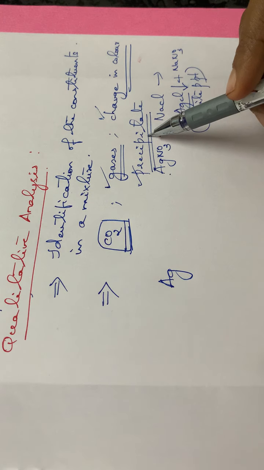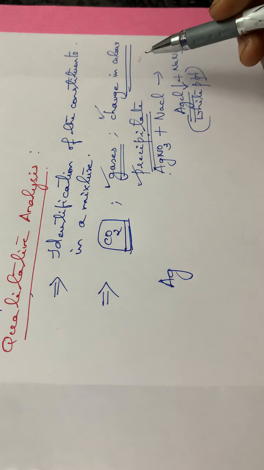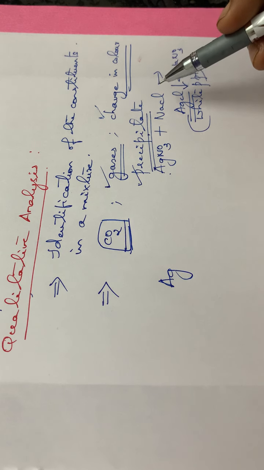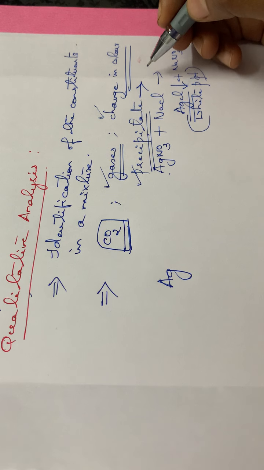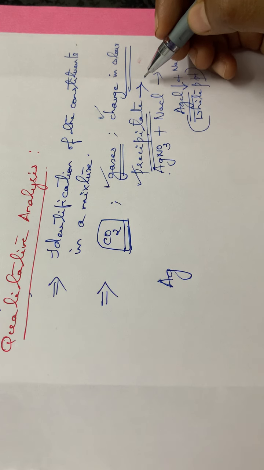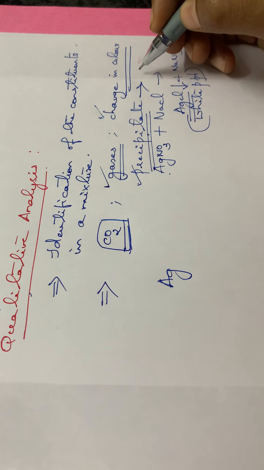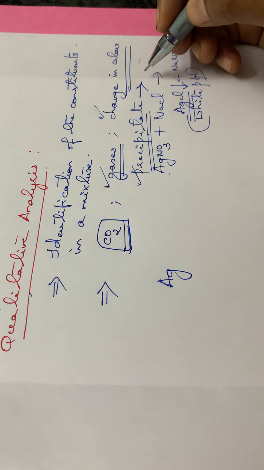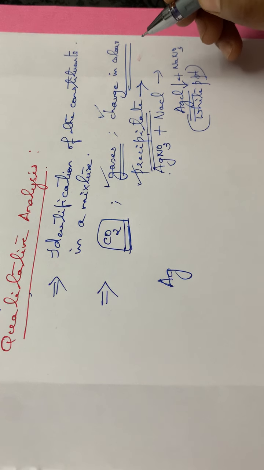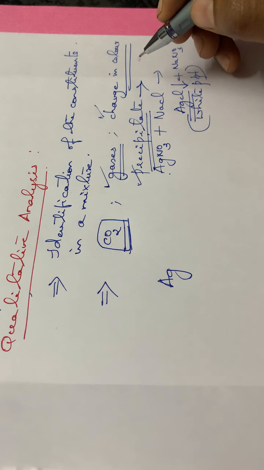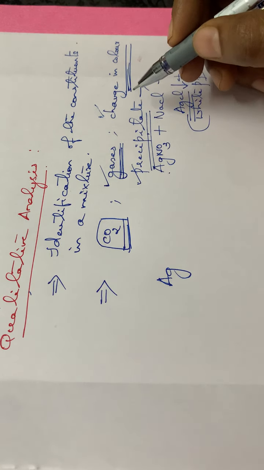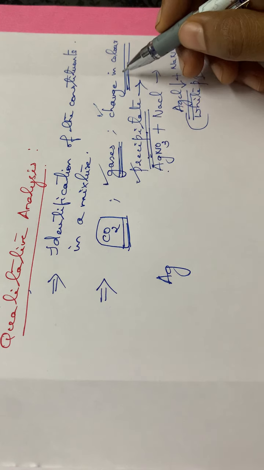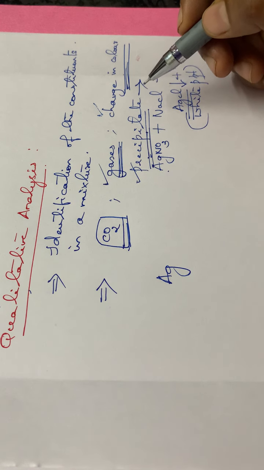These changes indicate that there is some reaction going on, and some products are formed. As a result we can come to the conclusion that a particular ion might be present, corresponding to that particular reaction. So these are some of the characteristic features while a reaction is going on: liberation of gases, a change in color, or the formation of a precipitate.